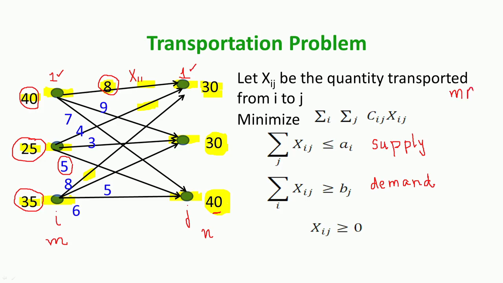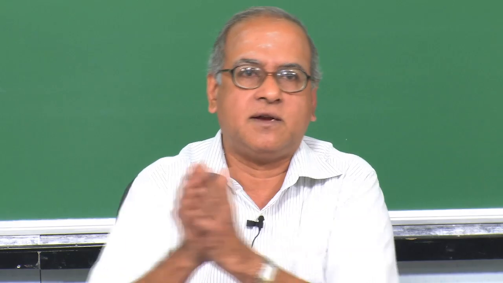In our example we have taken m and n both equal to 3, so we had 9 variables, otherwise it is mn. And then there are m supply points, so there will be m constraints here, one for each supply point. There are n demand points, so there will be n constraints here. So it will have mn variables, m plus n constraints and a non-negativity restriction.